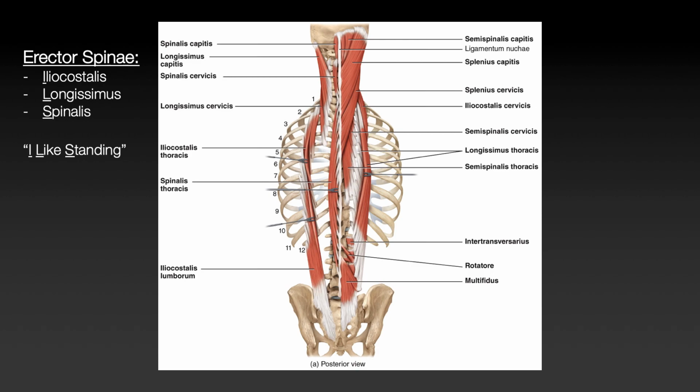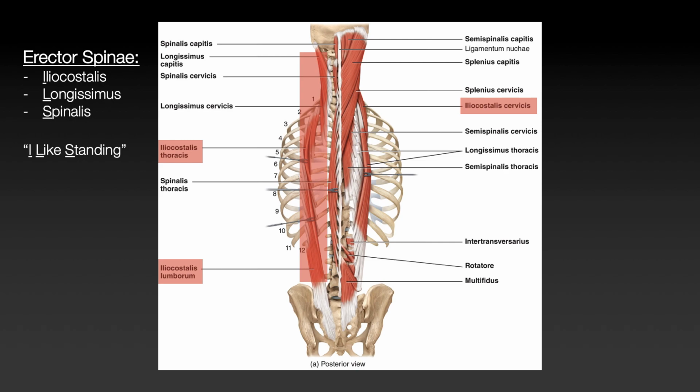But the names of the muscles, the root of the muscles, are these three words. And if you only remember these three, that's fine. Iliocostalis, longissimus, and spinalis. So starting laterally, iliocostalis is those series of muscles that are highlighted in red.